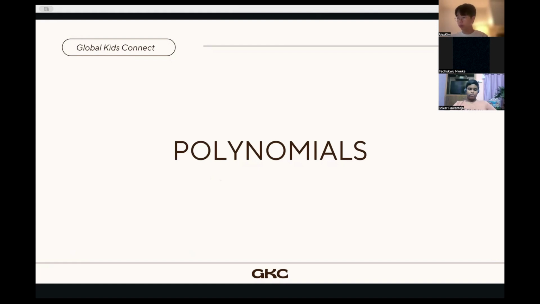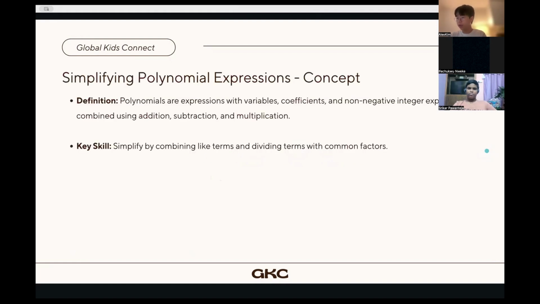Moving on to our first concept of today: simplifying polynomial expressions. Polynomials are expressed with variables, coefficients, and non-negative integer components combined using addition, subtraction, and multiplication. Actually, I might change the definition to get rid of the non-negative integer, excuse me, exponents.